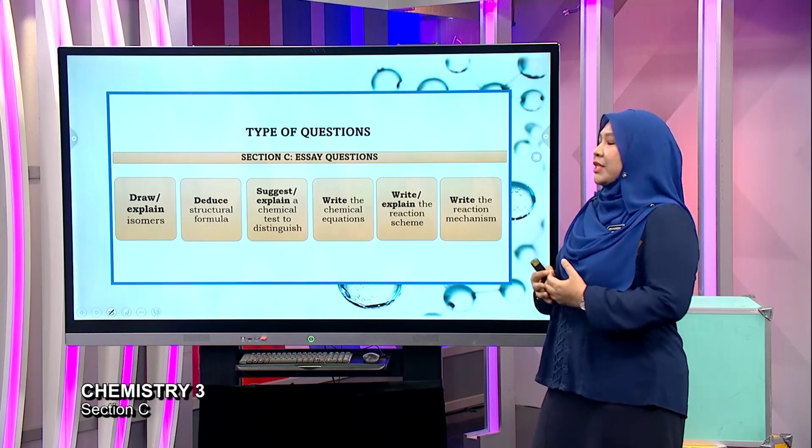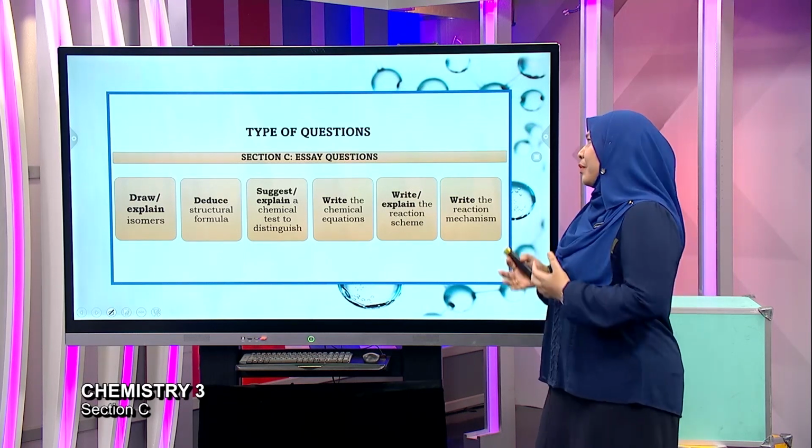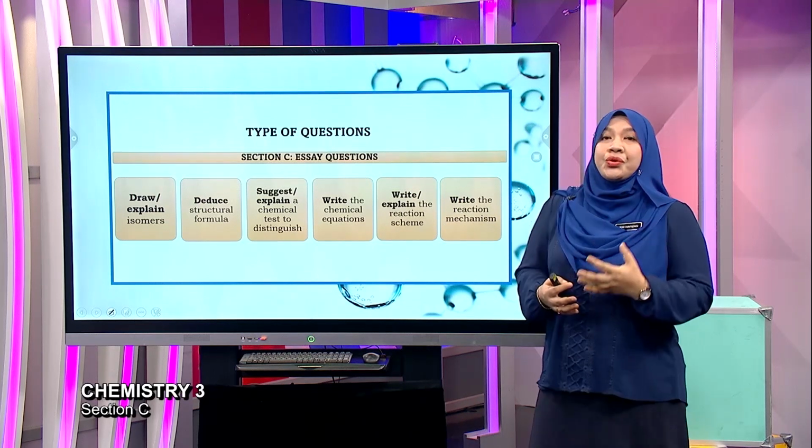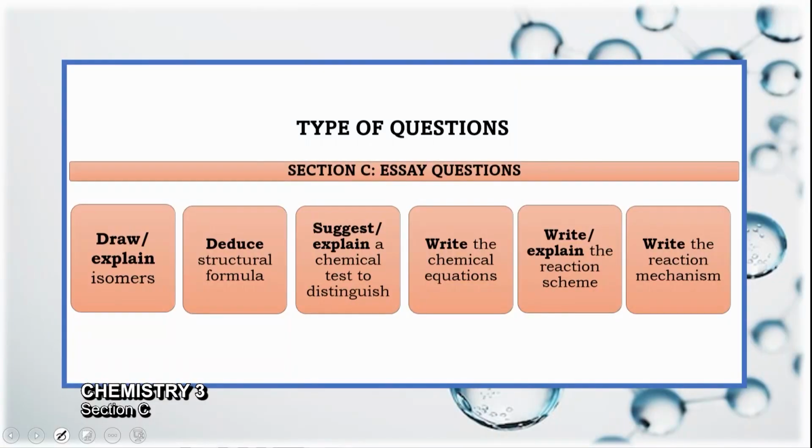The type of questions normally asked, from my analysis, are to draw and explain the isomers produced from the reaction, or to deduce the structural formula of the compounds, or to suggest and explain a chemical test to distinguish between compounds.